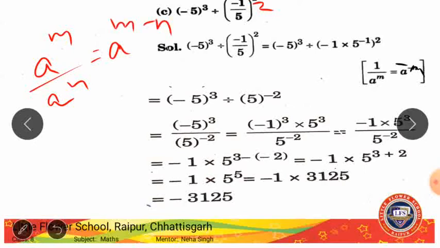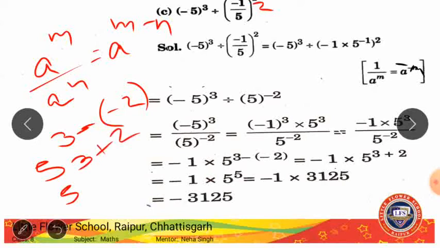So it will be 5 power 3 minus 2. Why? Because the power is minus 2. The m is 3 but n is minus 2. So here 5, minus and minus is plus, 3 plus 2, which is 5 power 5.